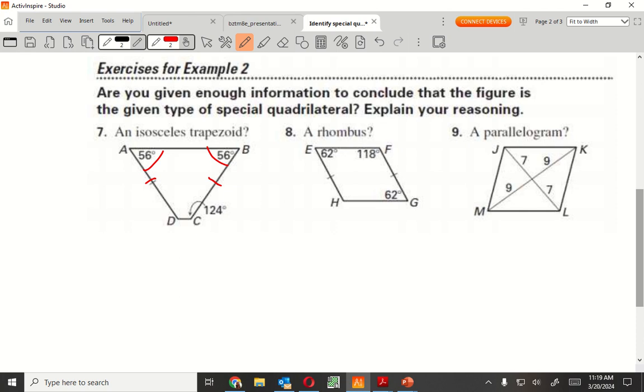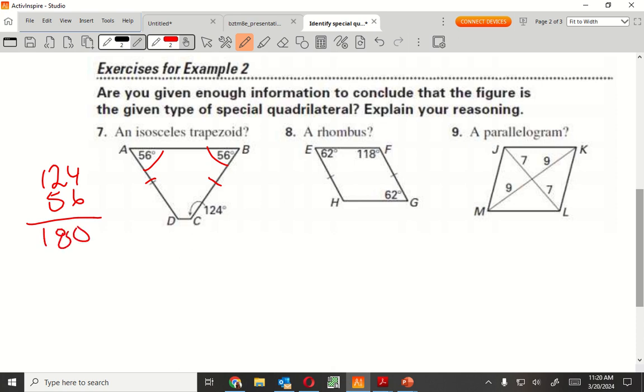Now, right here. Is this one right here parallel to this one right here? So there actually is enough information here because 56 plus 124 gives us 180 degrees.